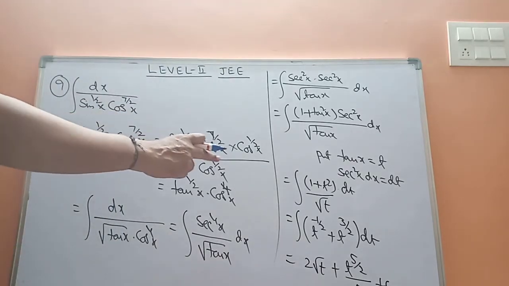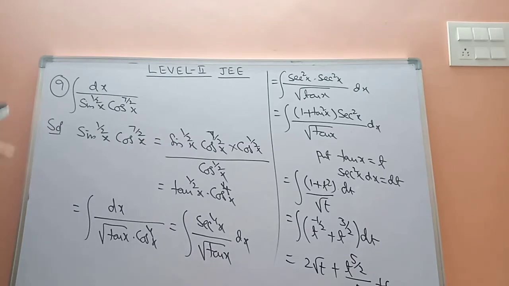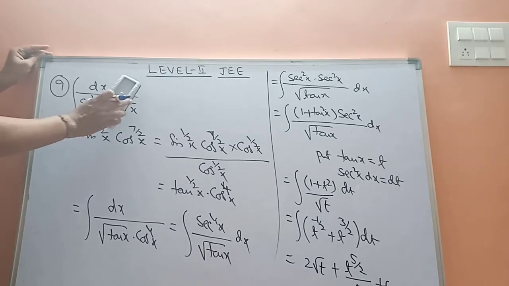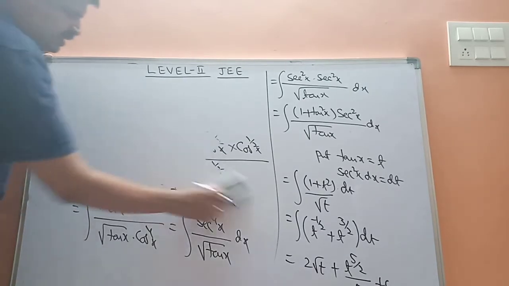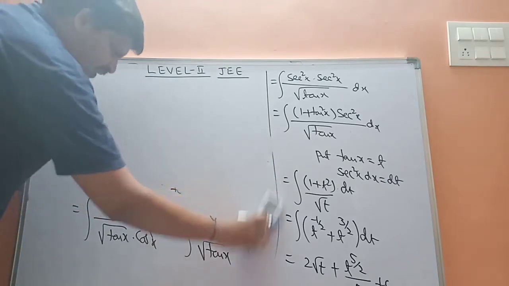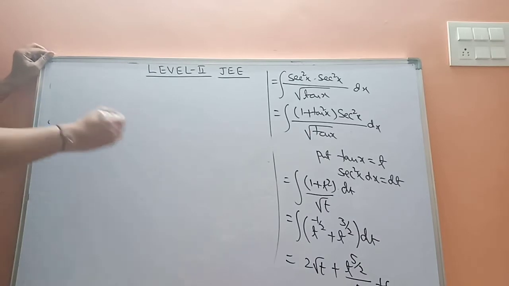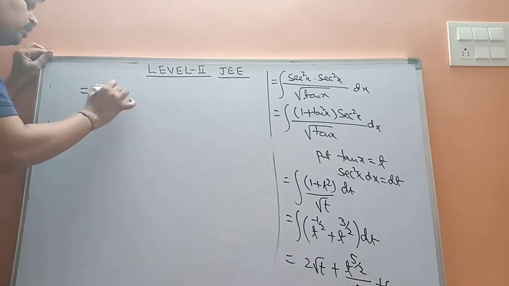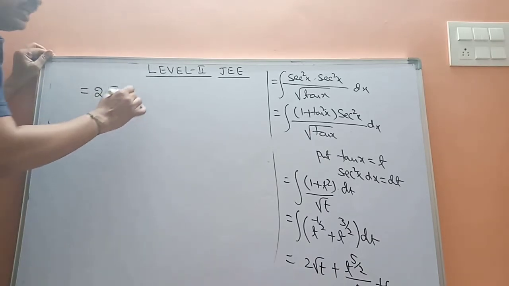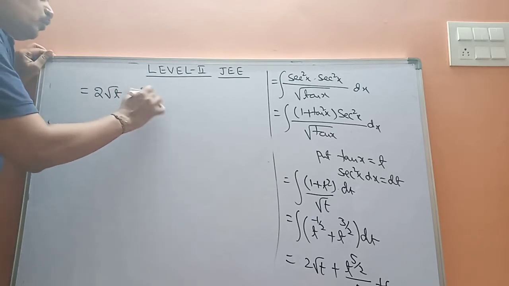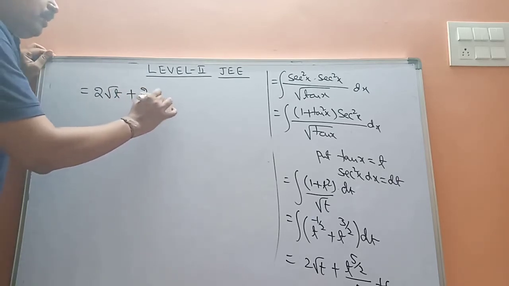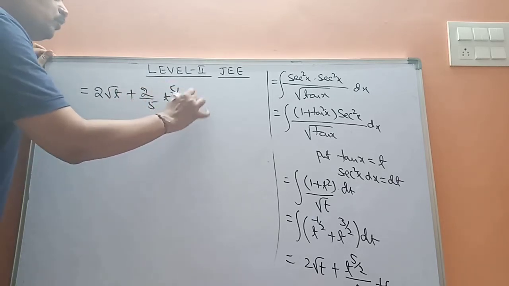2 root t plus, that is that one. Okay, right, listen, some remaining is left. So substituting that value, simple: the remaining is 2 root t plus 2 by 5 t to the power of 5 by 2 plus c.